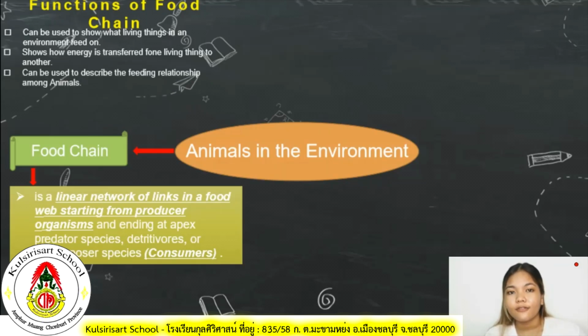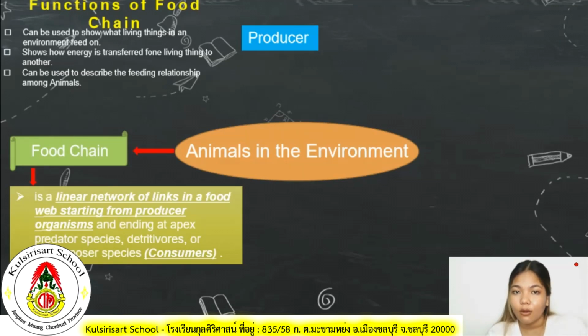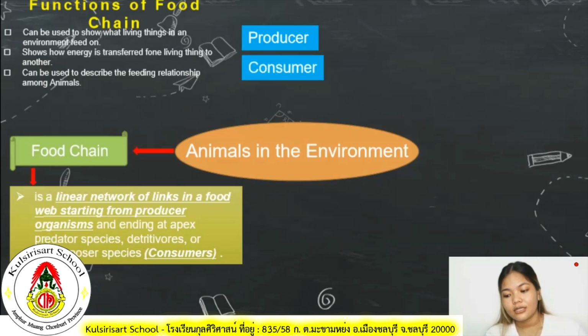And the last function is that it can be used to describe the feeding relationship among animals. Under food chain, we also studied producer. Again, producer includes your plants because they make their own food through photosynthesis. And consumer. The consumer consists of the different animals because unlike plants, they cannot make their own food.